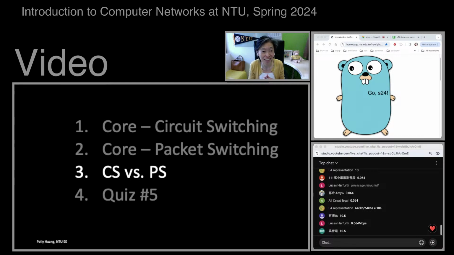These packets meeting each other, waiting in the queue, and potentially getting dropped. Now, next I'm going to show you an example, again numerically, to contrast CS and PS in their performance. And this example, guys, sorry, it's a little bit more biased towards PS because the scenario is closer to what engineers thought of when designing the internet.